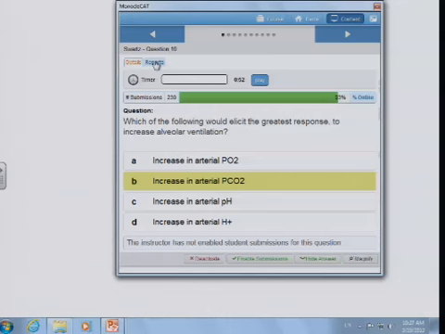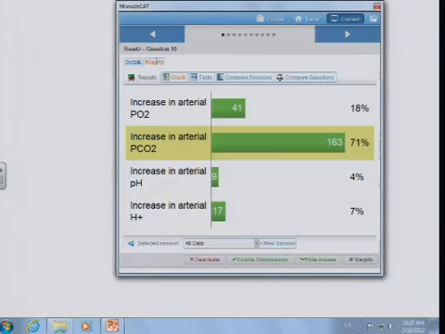Well, first let's see what the report is. Okay, so you guys need to brush up on this a little bit. Now, increase in arterial PO2. If we increase our arterial PO2, what's that going to do to our ventilation? If anything, decrease it, not increase it. Okay? So that one's a gimme. All right? So 18% of you or 41 of you really need to relook at that.